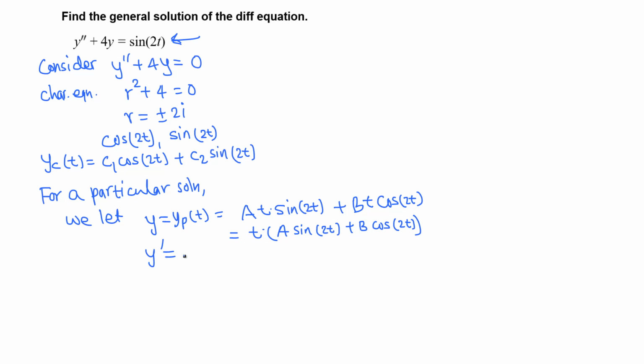So the derivative of t is 1 and leave the second factor alone: a sine 2t plus b cosine 2t, plus leave the first factor alone, t, times the derivative of the inside. The derivative of sine is cosine, so 2a cosine 2t. The derivative of cosine is negative sine, so negative 2b sine 2t.